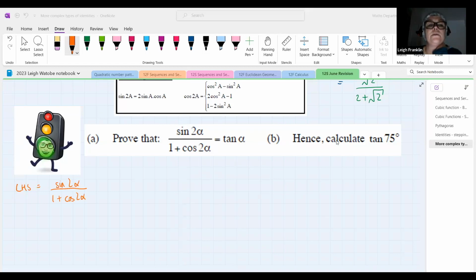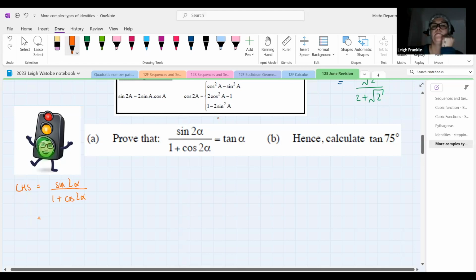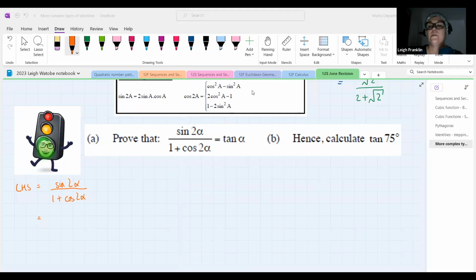Okay, Jordan's done and Barley's done. Good, Lorato.